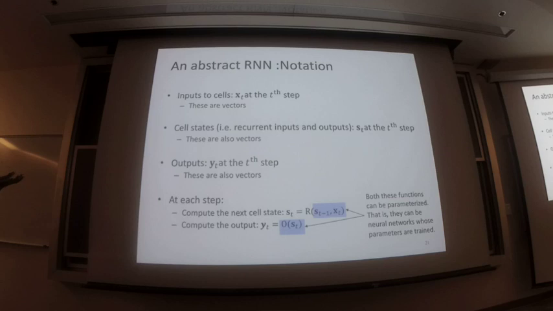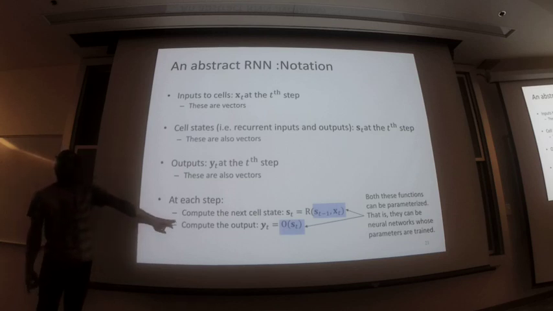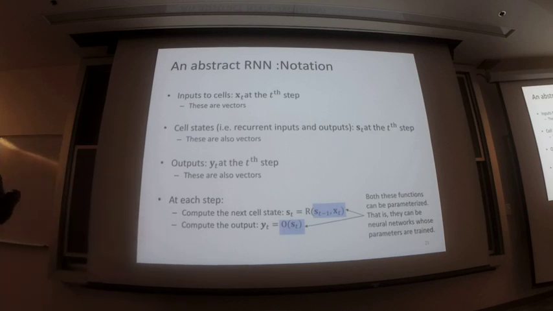It could also be that the recurrent function and the function O here are not parameterized, so they more or less look like some identity function. You give it something and it produces something. So it varies. For Elman, when you look at Elman's paper, the output here was an identity function. So S of t is equal to Y of t. So that's a use case where the function is not parameterized. There's no learning going on, there's no training, right?